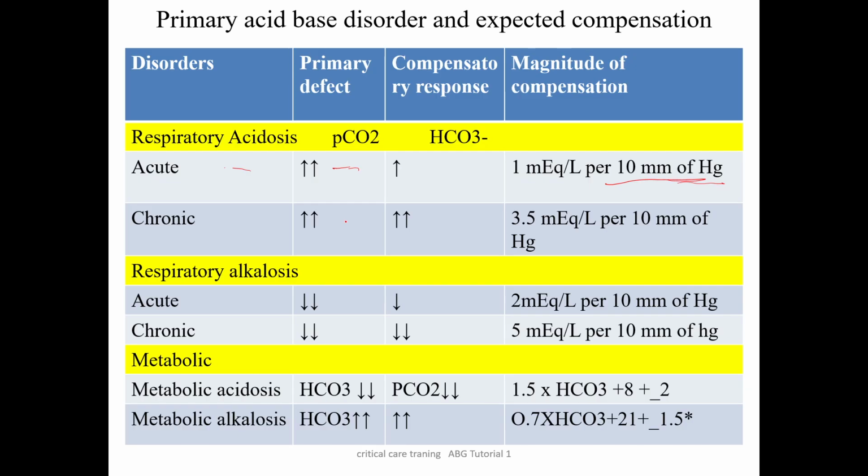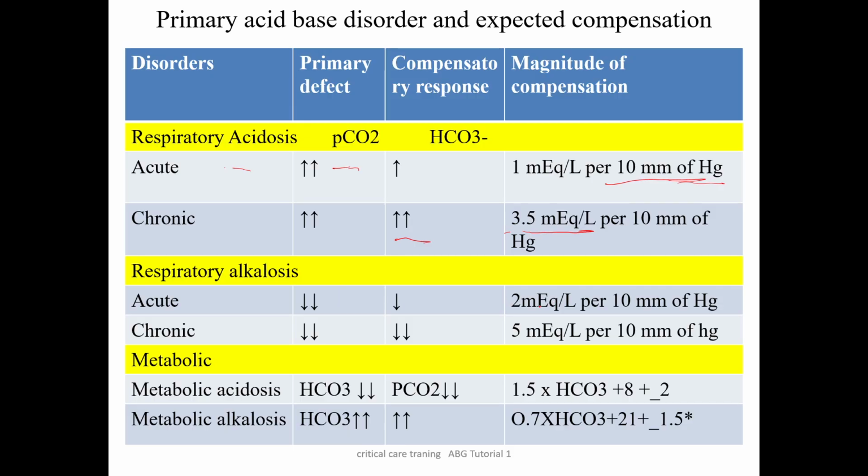In chronic respiratory acidosis, the kidney will be able to compensate and more bicarbonate will be retained by the renal system. So 3.5 milliequivalent will increase per 10 millimeter rise of PCO2. In respiratory alkalosis, things will be opposite. The PCO2 is going down.